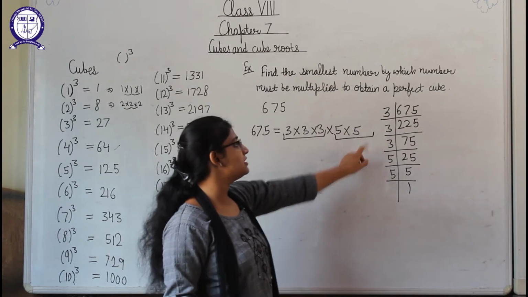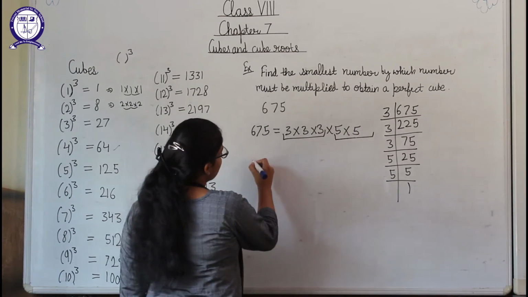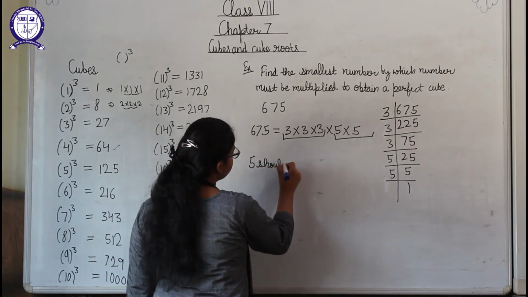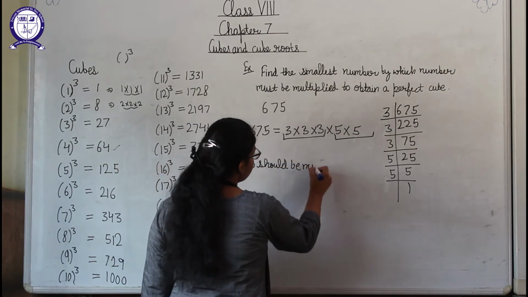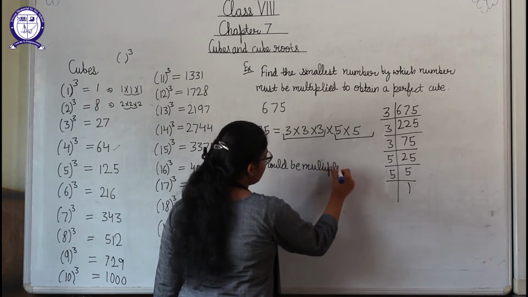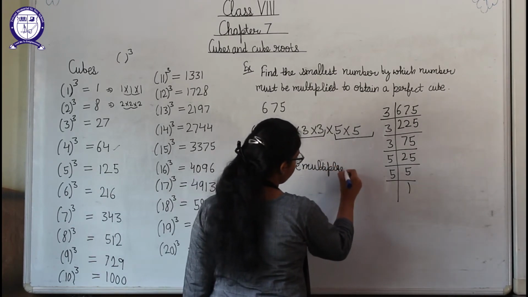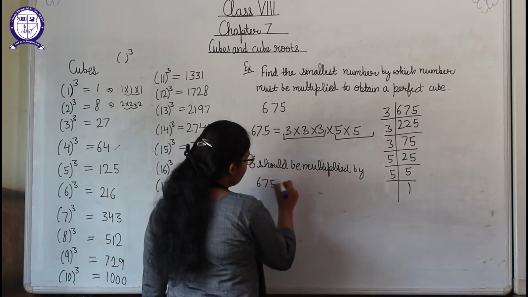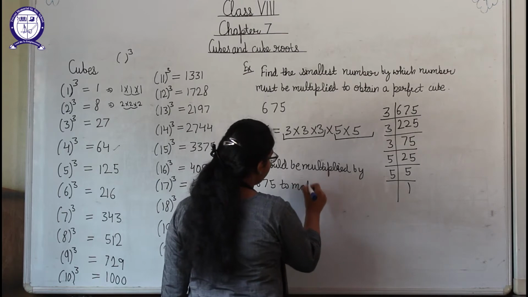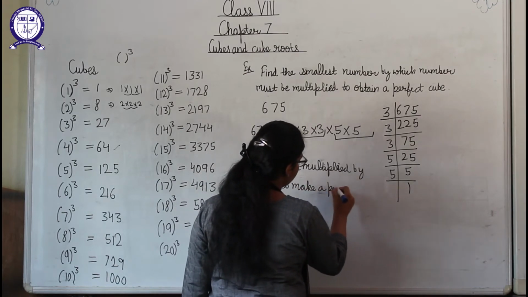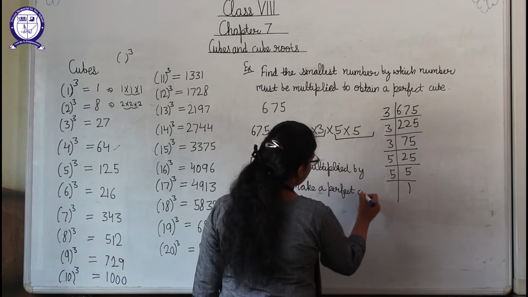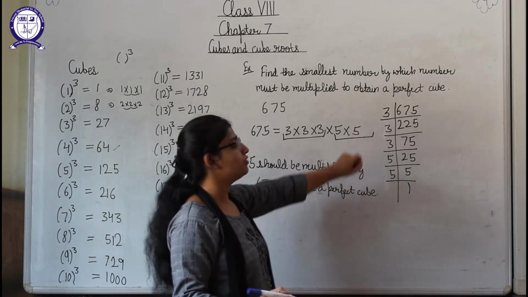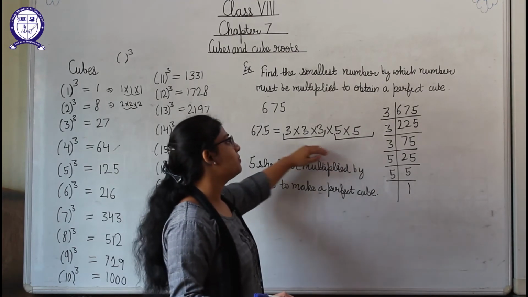So 5 is needed to be multiplied, so we will write that 5 should be multiplied by 675 to make it a perfect cube. Now students, when 5 is multiplied, you will put 5 here and it will be the perfect cube.